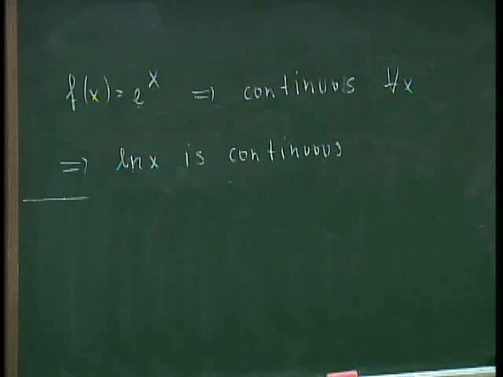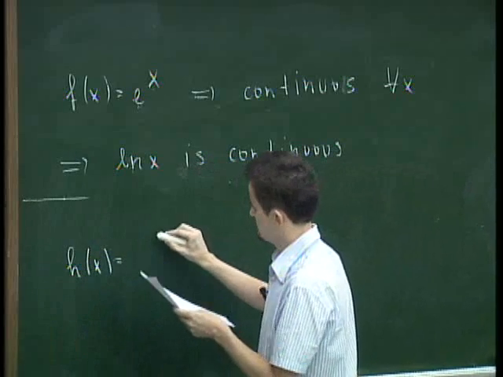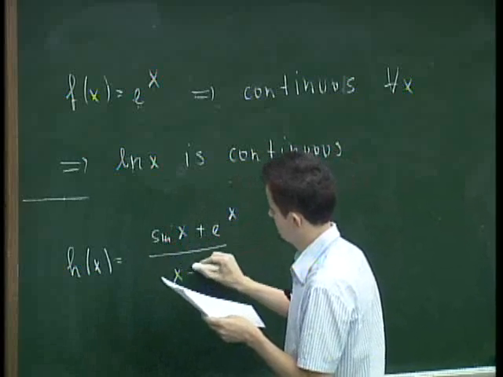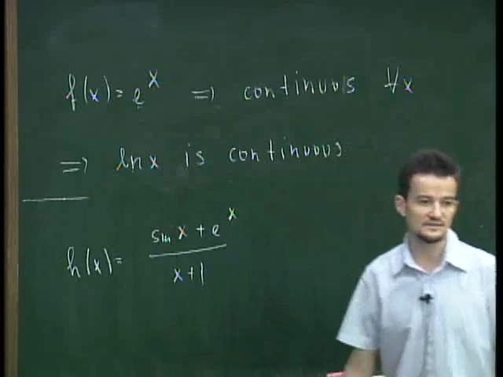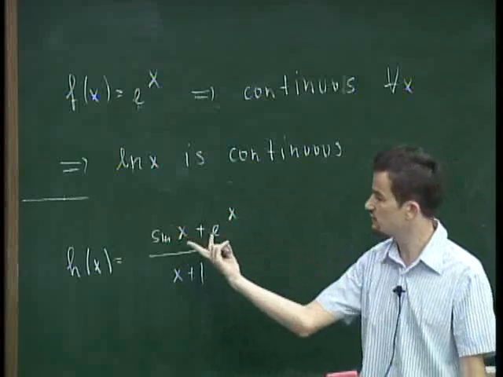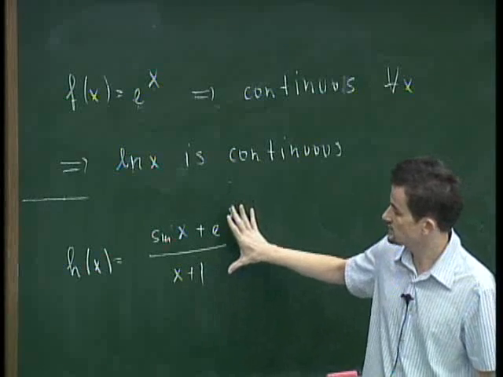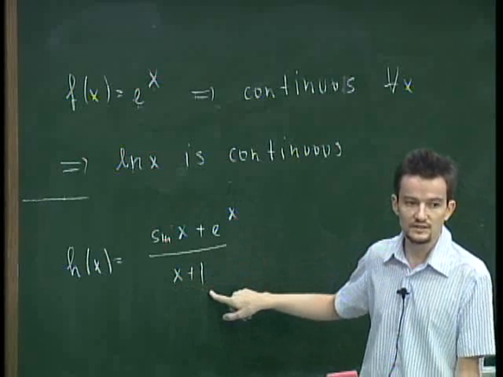Now, this already helps you if you have even more complicated functions, like h of x equal to (sine x plus e to the x) over (x plus 1). To figure out that such a function is continuous is now quite easy, because we know sine is continuous everywhere, e to the x is continuous everywhere, the sum of continuous functions is continuous, x plus 1 is continuous everywhere, and the quotient is continuous except for the points where the denominator is equal to 0.